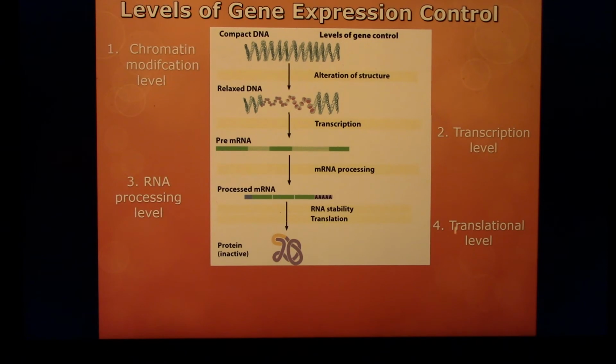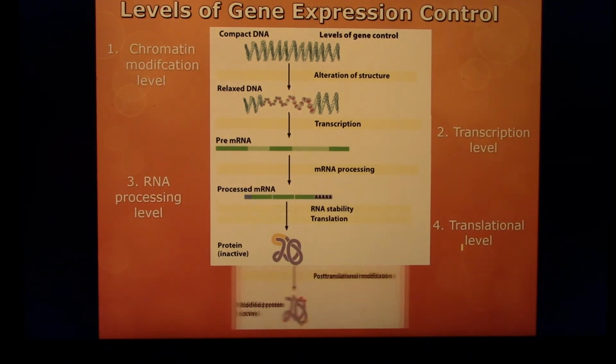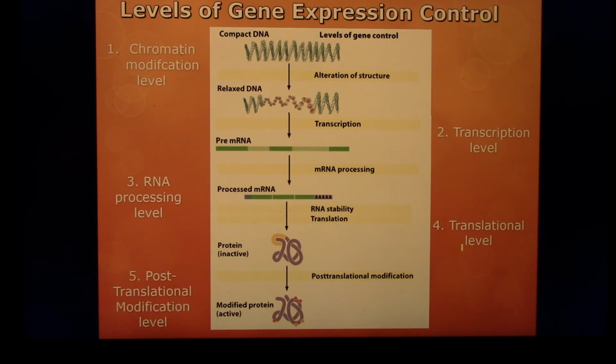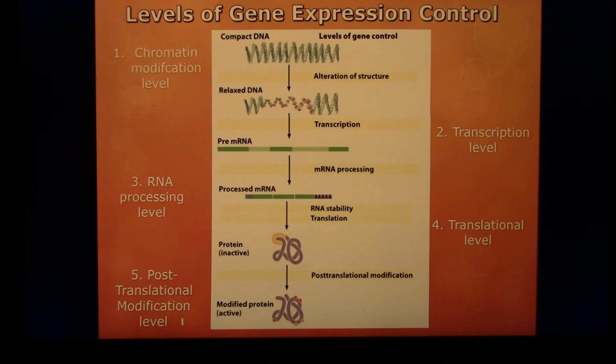So that's another level of controlling gene expression. And then finally, you can have what are called post-translational modifications, where you're going to modify your protein to activate it, doing such things as putting phosphates onto your protein, for example. That can modify it. We'll talk about other modifications when we get to epigenetics.